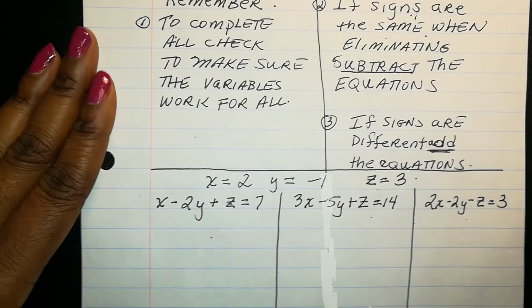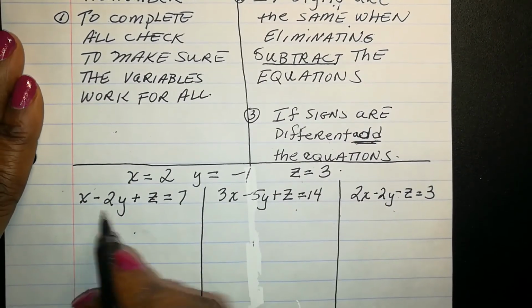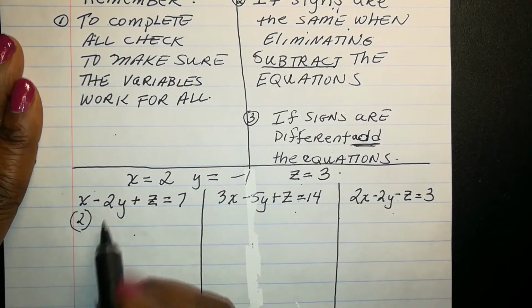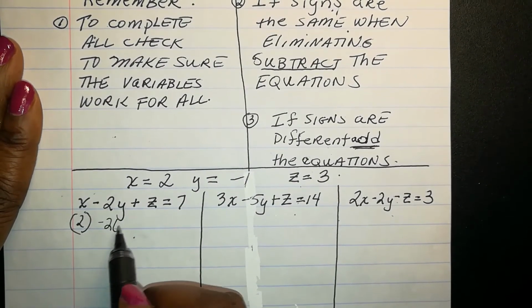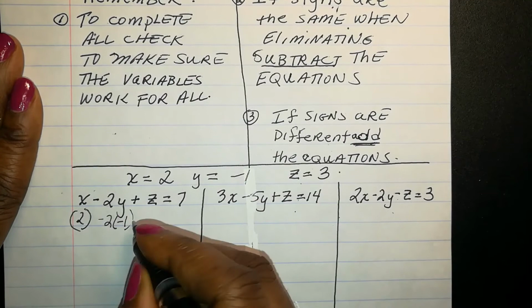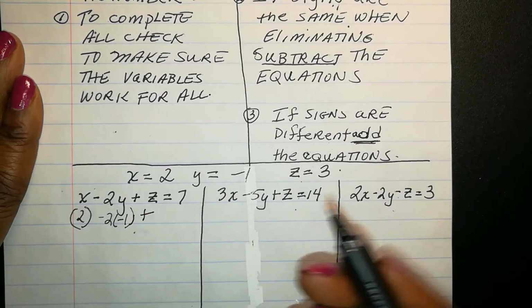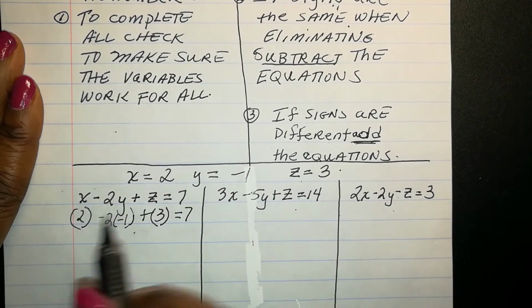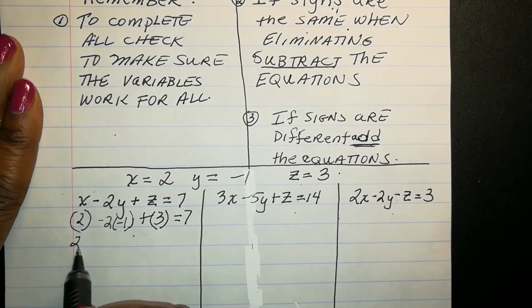So now let's do our check because we have to do our check. We have no choice. Okay, here we go. I'm going to substitute here with my 2 minus 2 times -1 plus z is 3, so I'm going to substitute my 3 there, equals 7. Well, let's take a look. That gives me 2.